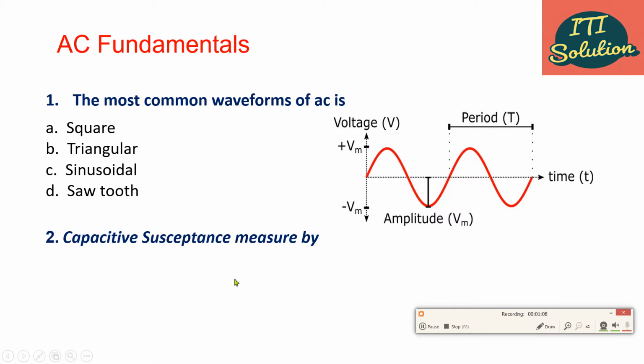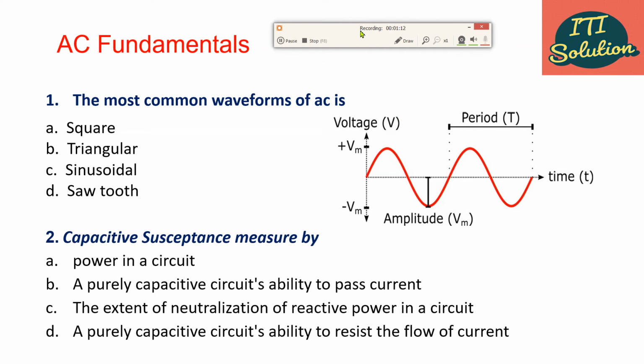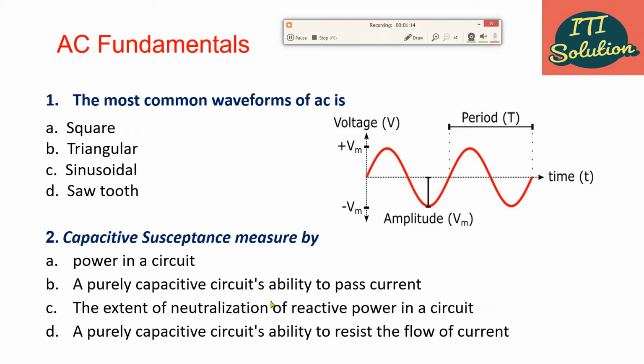Capacitive susceptance is a measure of option A power in a circuit, option B a purely capacitive circuit's ability to pass current, option C the extent of neutralization of reactive power in a circuit, and option D a purely capacitive circuit's ability to resist the flow of current.